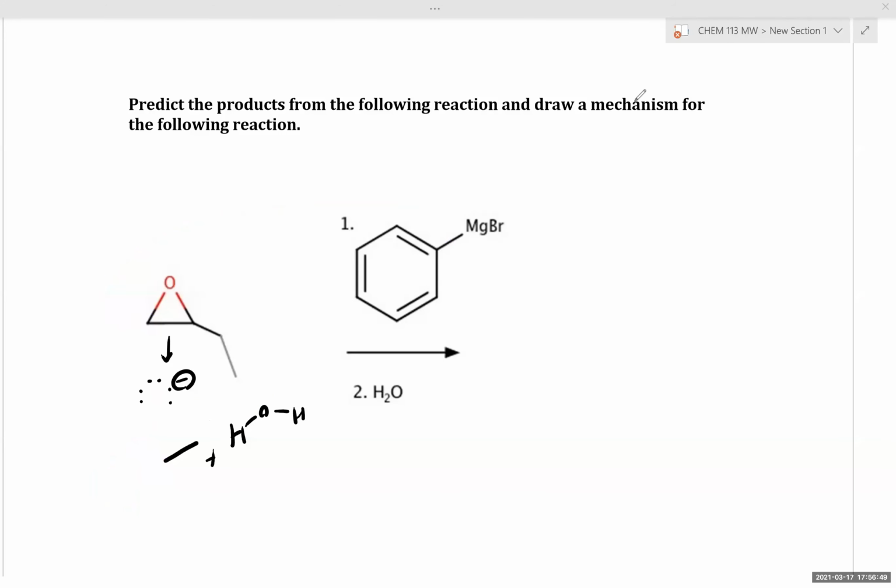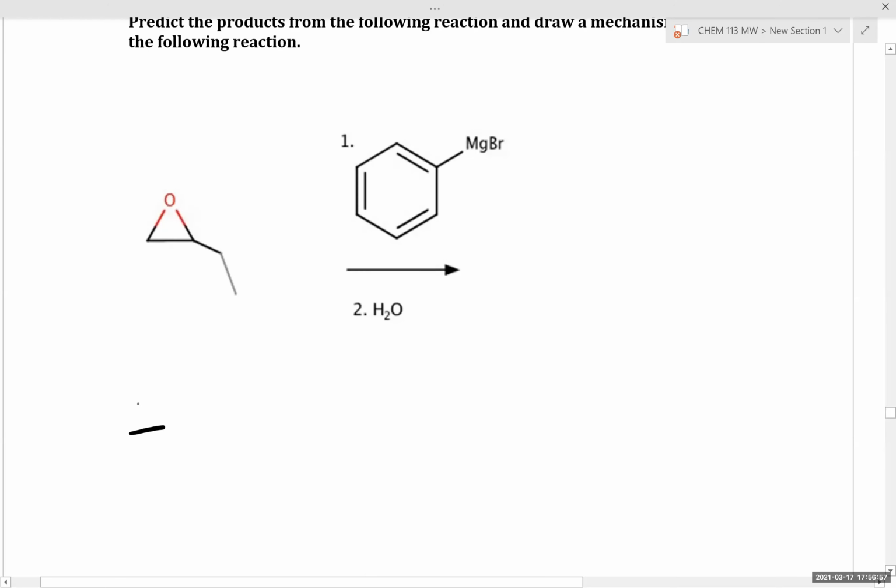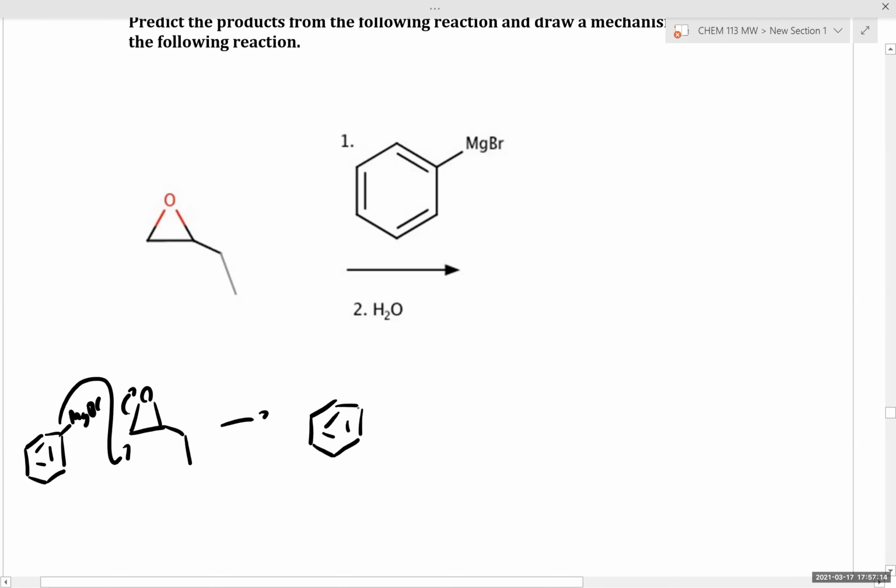So let's clear the responses and let's redraw the instructor solution. Okay, so we have our epoxide and our nucleophile is going to attack our epoxide at the least substituted carbon. That in turn generates an alkoxide ion.